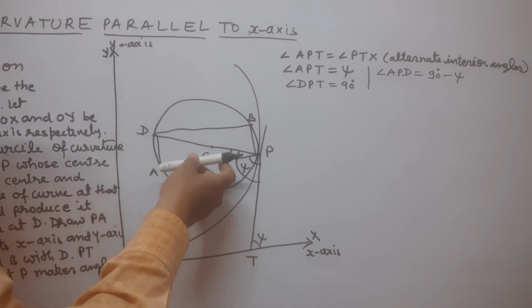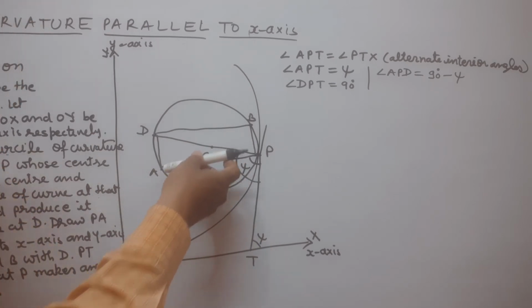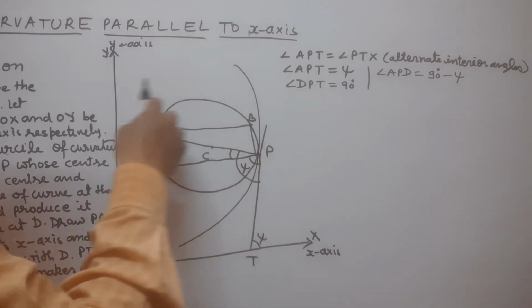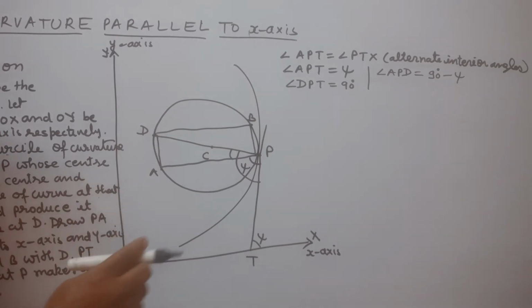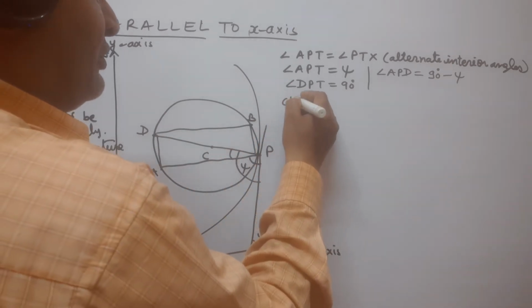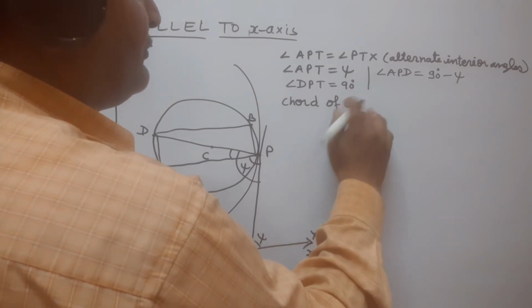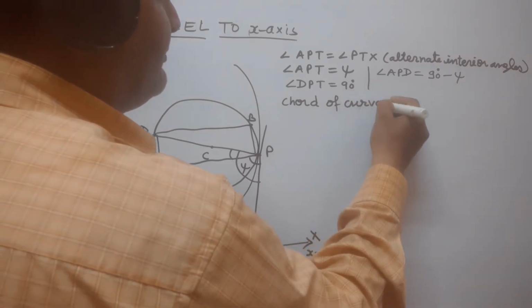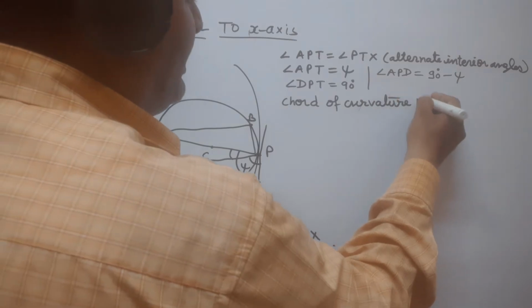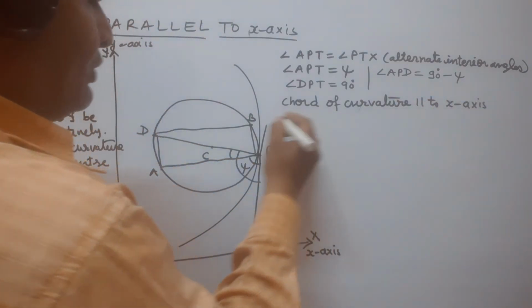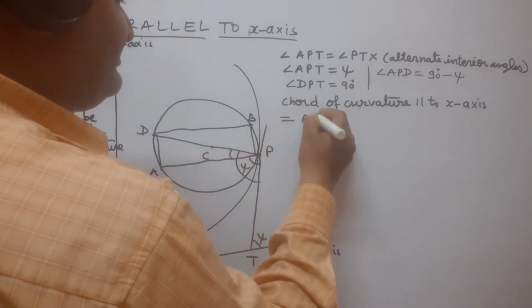So here we find the chord of curvature parallel to x-axis, which is AP, and the chord of curvature parallel to y-axis, which is BP.